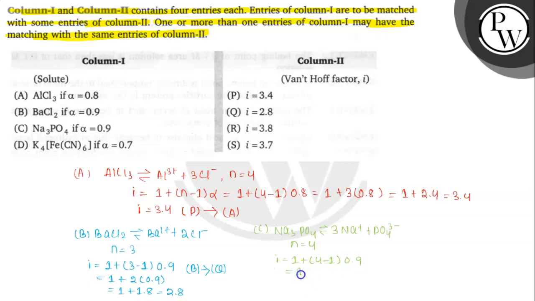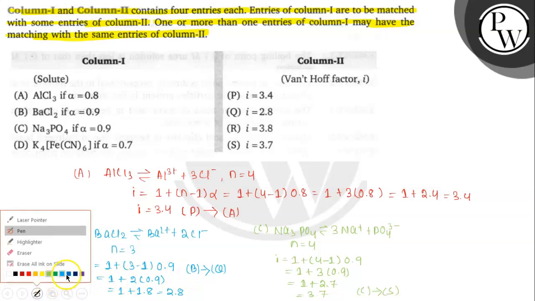So it will be equal to 1 plus 3 into 0.9, which is 1 plus 2.7, that is 3.7. So in case of Na3PO4, the Van't Hoff factor value is 3.7. That means C is matched with 3.7, that is S. So C matched with S.